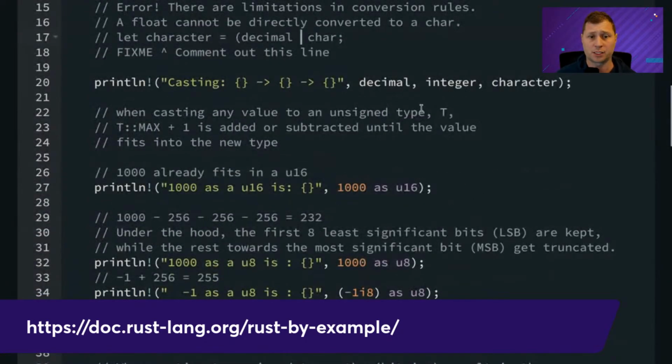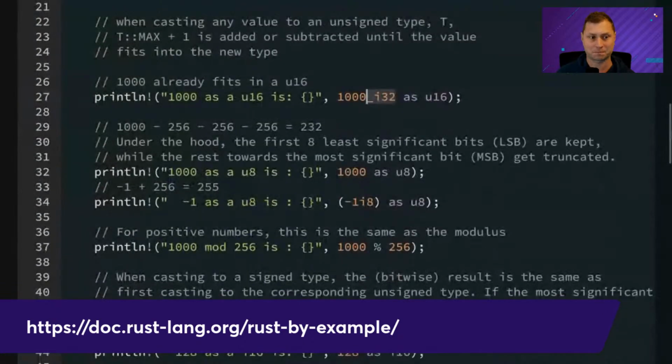And when casting fits into a value of an unsigned type t, tmax plus 1 is added or subtracted until the new variable sits into the new type. 1,000 defaults to I32 because it's just an integer literal, and it will automatically fit into a 16-bit or 2-byte integer itself.